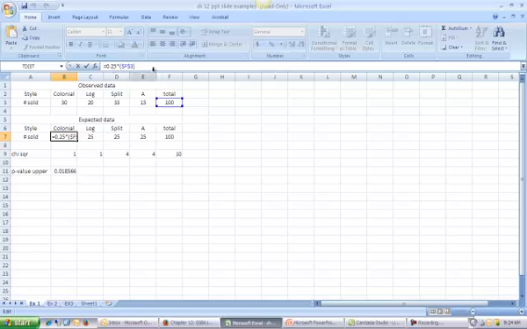So that total observation, that 100, applies equally across all 4 of my categories here. So you'll notice the 100, I F4'd that to make that constant. You will do that even if you had different percentages that were expected in here. You would just change them, so they wouldn't all be 25%. They would be whatever would be specified in the problem. Okay? So that allows us to come up with our expected data.